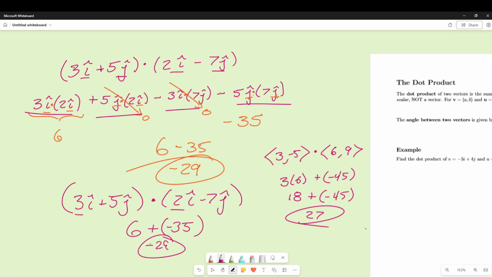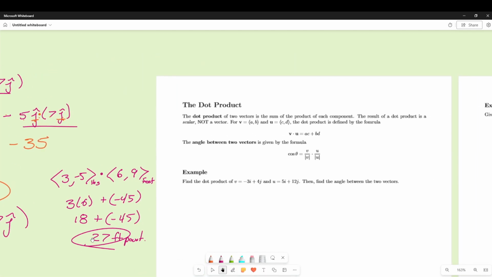So if this is so many pounds of force and this is so many feet of movement in a particular direction, then we got 27 foot-pounds of work. So work is good. That's the best example, really, and about the only one we're going to work with. So that's one tool for finding a dot product.